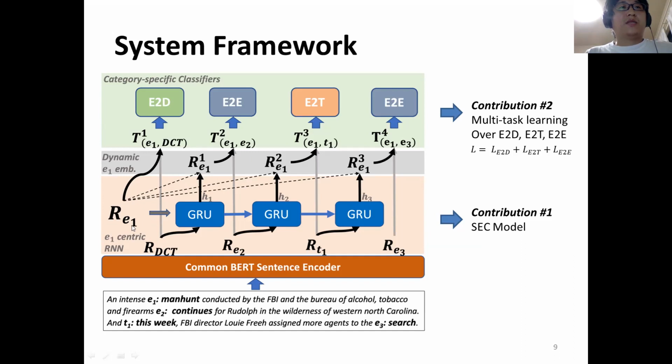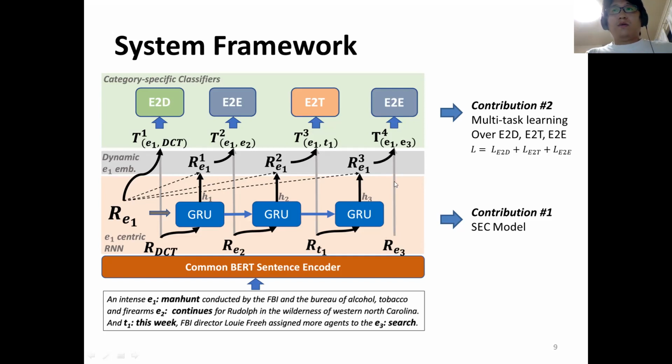We gradually update the representation of the central event manhunt along each time step. In the early step, manhunt will update the relation between manhunt and the DCT, and between manhunt and continue. Then in the later step, the updating will give a better representation, then improve their classification in the later steps.